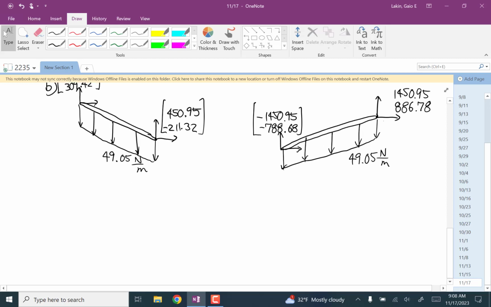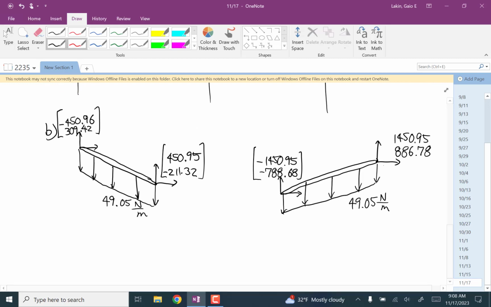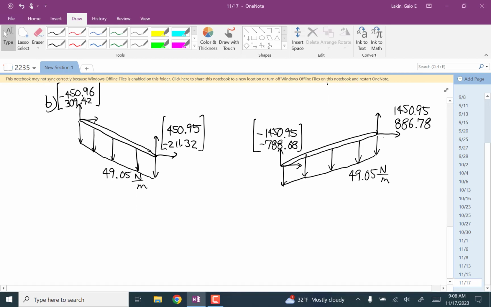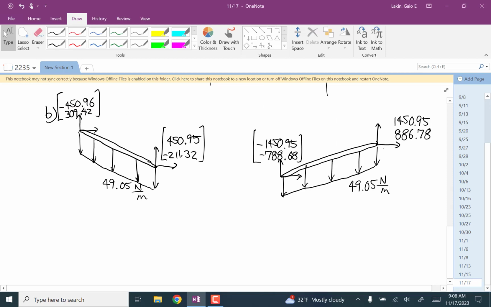And the first step is expressing these in a coordinate system with the x-axis along the long axis of the beam. So let's start with member 1, this one. You could use a coordinate system. There are always two orientations of the coordinate system with the x-axis along the long axis.